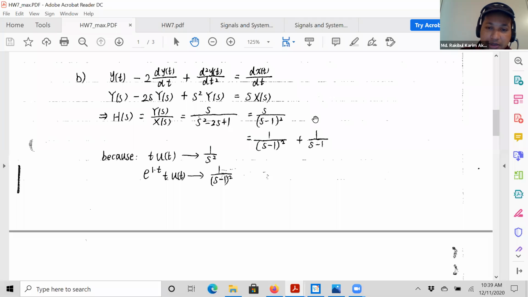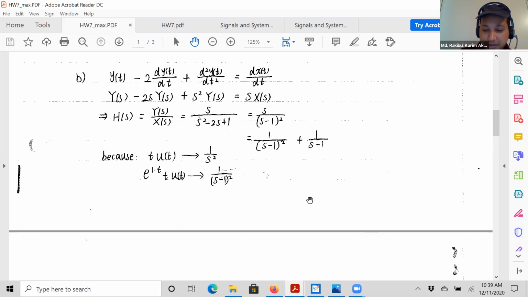This part actually gives you only e to the power t ut, but to get the square, you only need to multiply with a t, then you are done. So the answer of this part is e to the power t multiplied with t ut, and the answer of this part is only e to the power t ut.